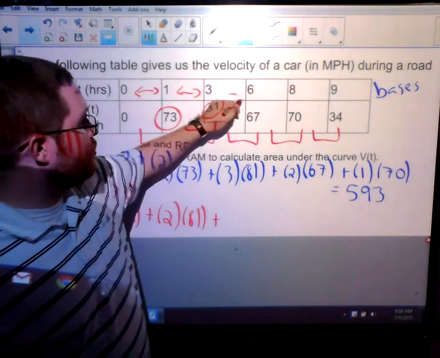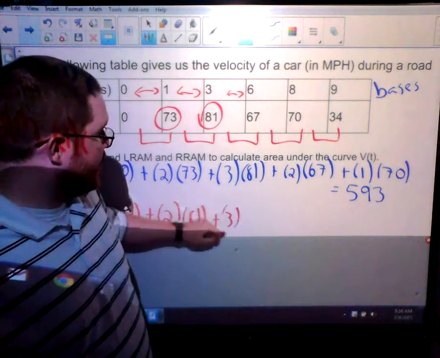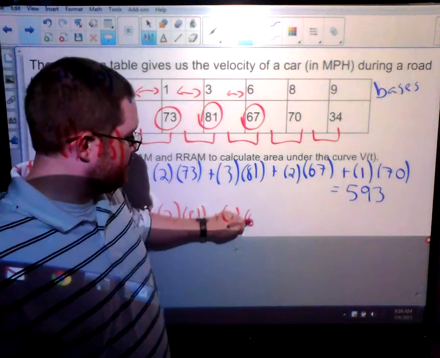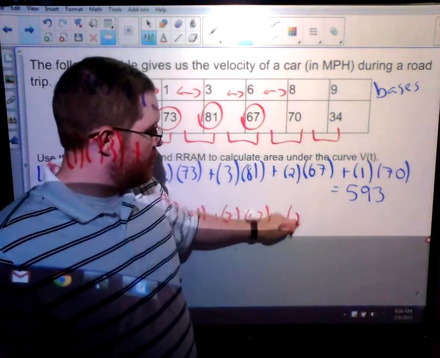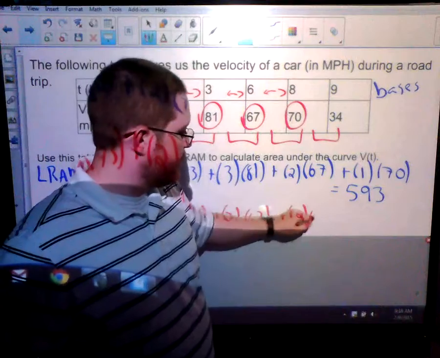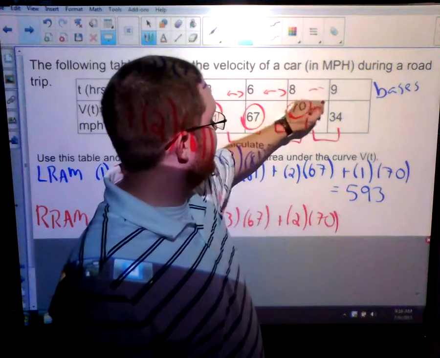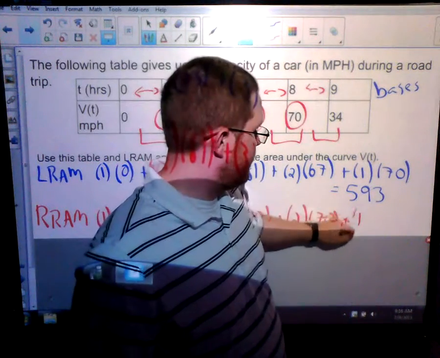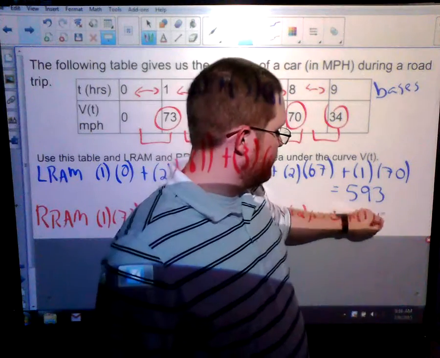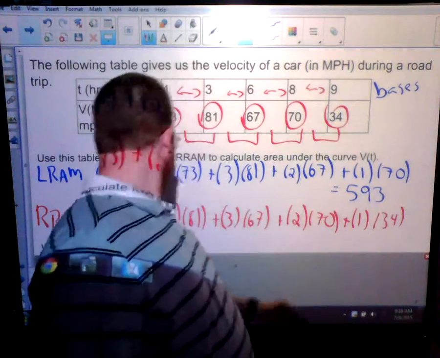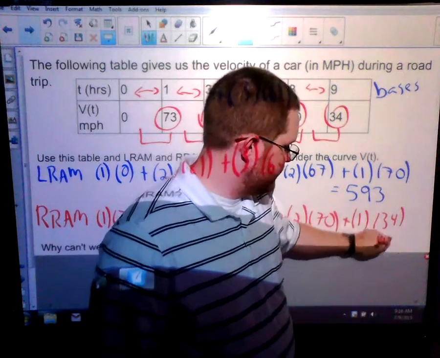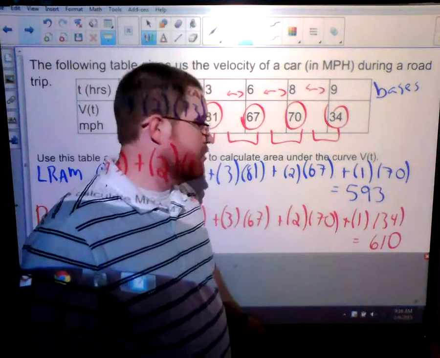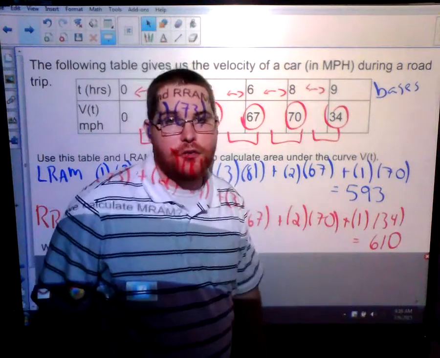The next base is 3, and I'm going to use 67. The next base is 2, and I'm going to use a height of 70. The last base is 1, and I'm going to use a height of 34. If you calculate all that out, you get 610. So the actual answer is somewhere probably between 593 and 610.